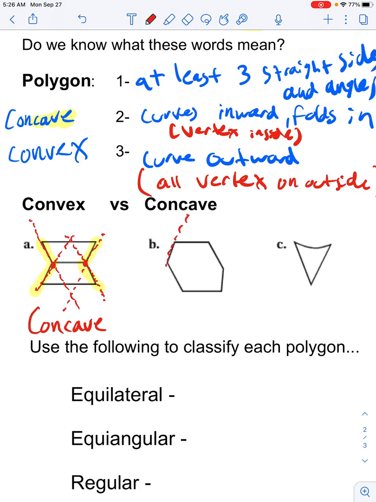Whereas if I look at this one and I extend my lines everywhere, I don't have any part that is folded in, and all my intersections are occurring on the outside of my shape. So I'm going to call this convex.